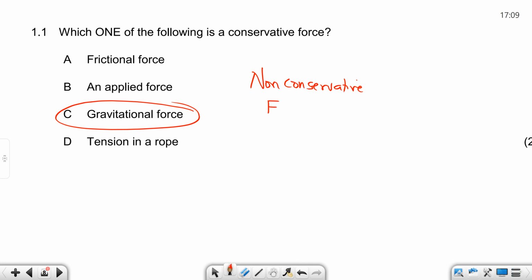Non-conservative forces are friction, applied force, tension. Check all the other options. Do you notice it's just that? The only one that is not in that group is what? Gravitational force. We're done. 2 marks.